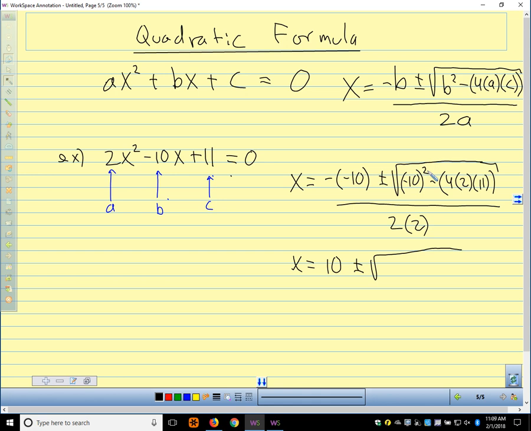When we square a negative, we always get a positive. 100 minus 4 times 2 is 8 times 11 is 88. And we divide that by 4.